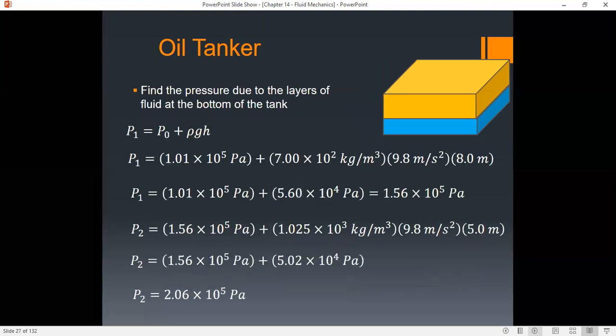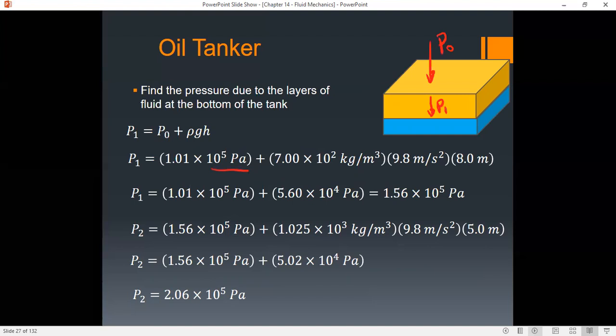Now, at the very top of the oil is atmospheric pressure, okay? 1.01 times 10 to the 5th pascals. Oftentimes, I'll just use 10 to the 5th pascals, okay? That is due to the weight of the atmosphere pushing down. The next layer has a pressure P1.